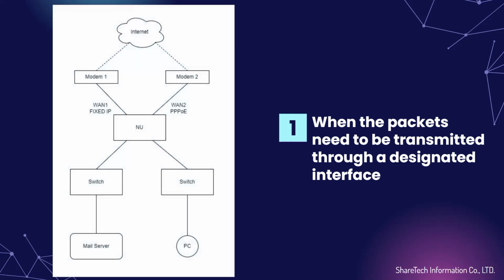The second example is I have two external lines. One is WAN1 with a fixed IP address, and the other is WAN2 with a PPPoE dynamic IP address. And I have a mail server that needs to specify using WAN1 IP address when sending emails.